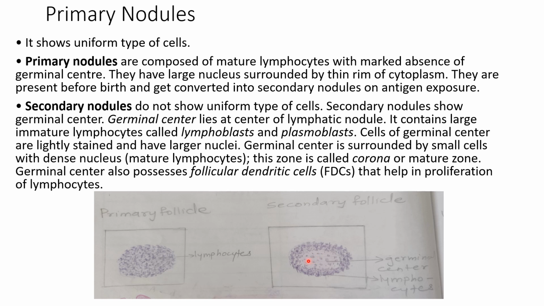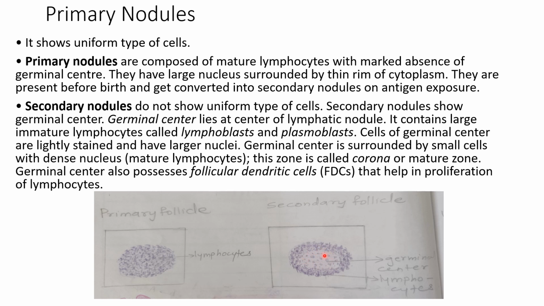So initially when the organ is not exposed to any antigen, then primary follicles are present, and when the follicle is exposed to the antigen, then the lymphoblast and the plasmablast will appear. So there is appearance of germinal center.